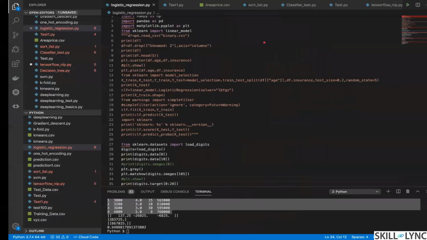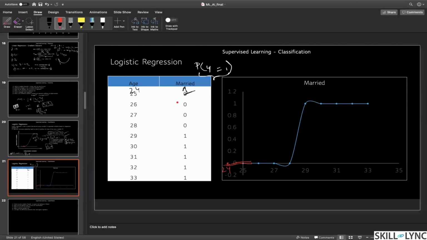So for example, you apply some algorithm A and you got a training accuracy of, say, 90%. With algorithm B, you got 95% training accuracy. Then you would test this on the test data set also.